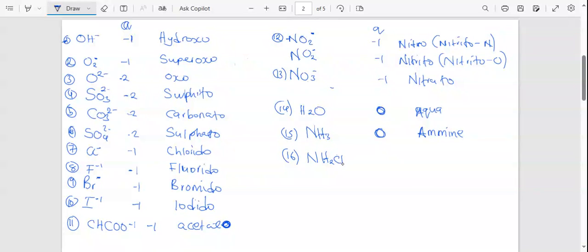This one also doesn't have a charge because of the amine, which has only lone pairs like that. So we'll call it methylamine, or amine methyl, but we normally call it methylamine.